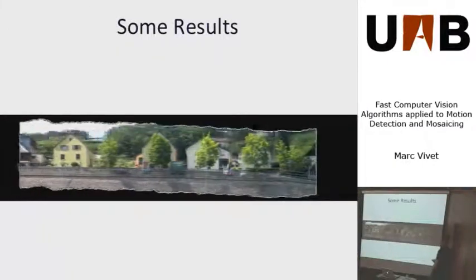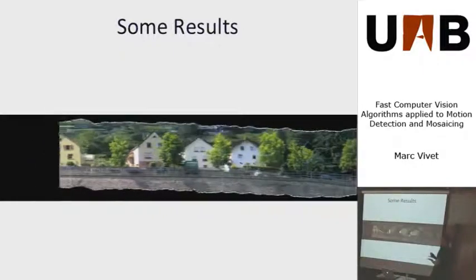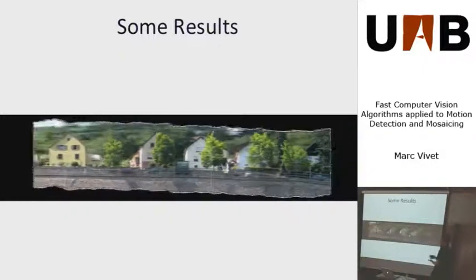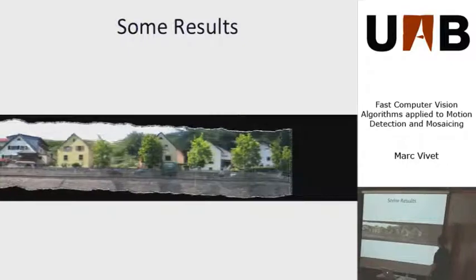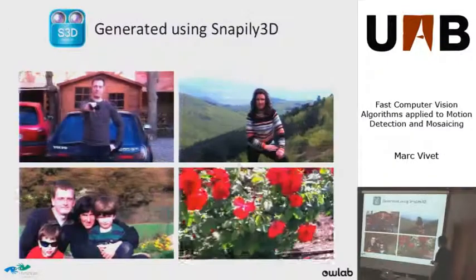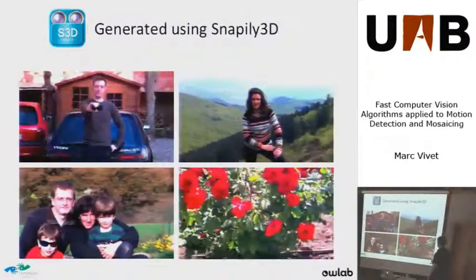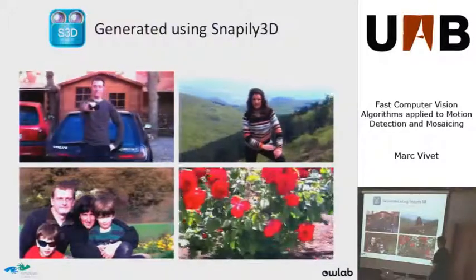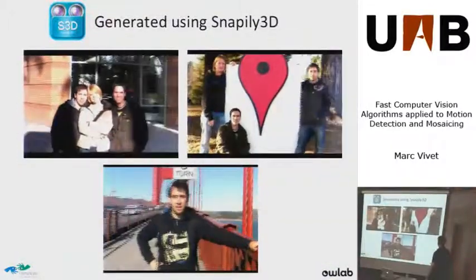This is another example, but in this case it's cutting the volume in a lot of different views and making this effect. And also, we have implemented this method in an iPhone application, and these are some results.